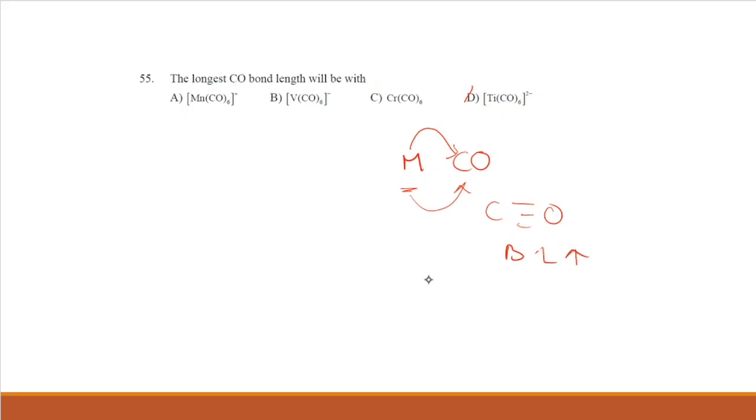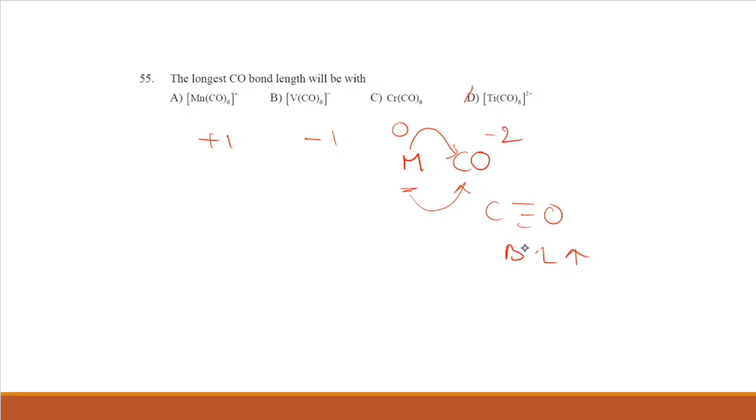So here, if we consider the metal ions with oxidation states plus 1, minus 1, 0, and minus 2, the titanium with the 2 units negative charge, after donating the pair of electrons to the antibonding molecular orbital of the carbon monoxide, weakens this C triple bond O due to the repulsion, and hence the bond length increases.